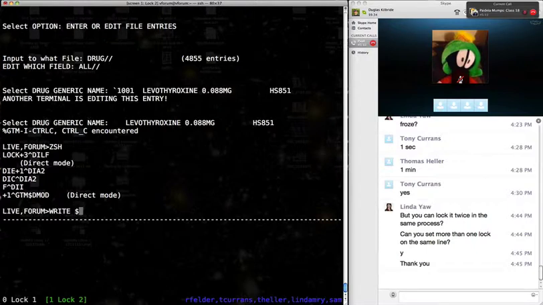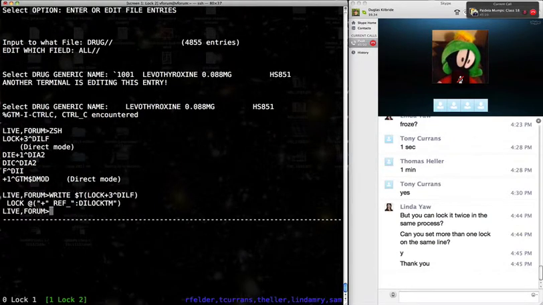So let's take a look at that code. All right, so he's locking something called ref, and he's adding a plus sign to it. Remember, he's using the indirection trick to convert a string into a variable. We talked about that.